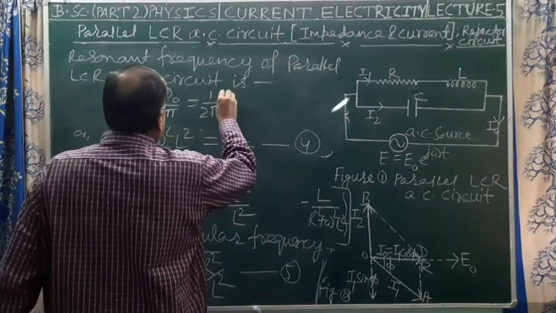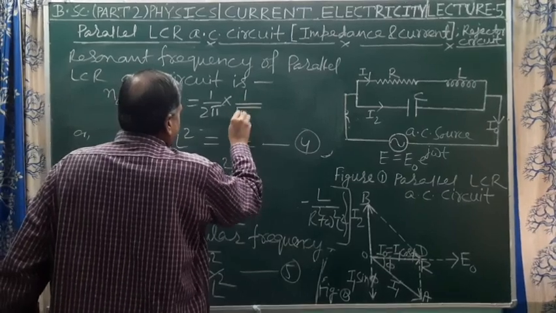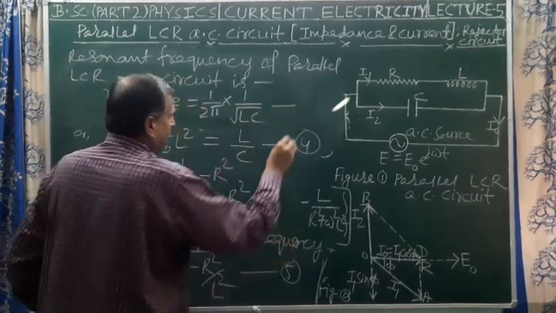So we are left with 1 by 2 pi, and omega 0 is only 1 by root under LC, and say it is equation number 6.